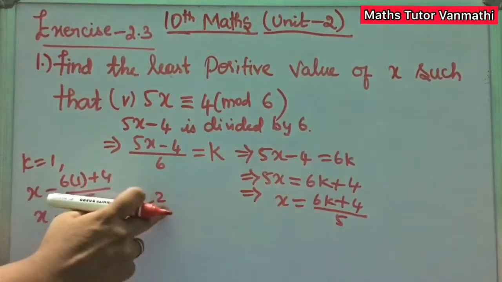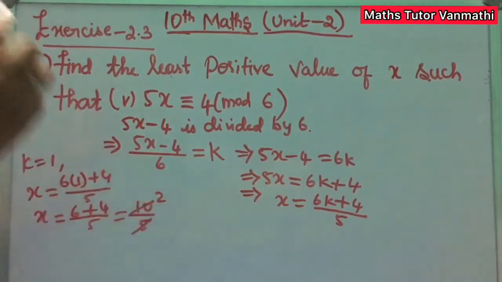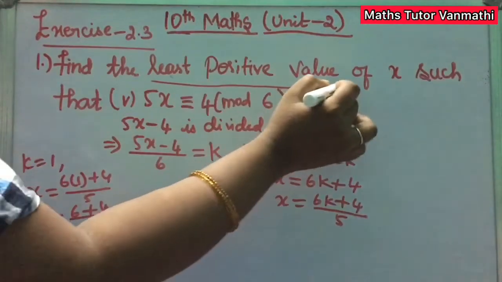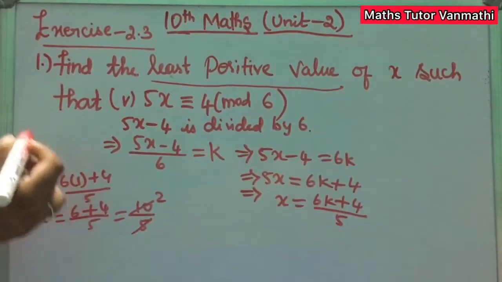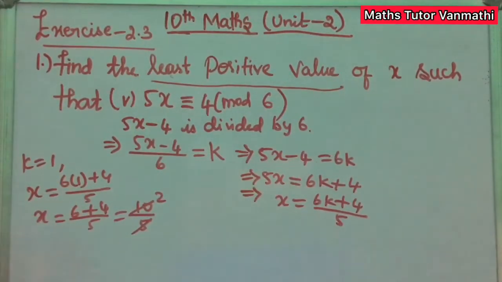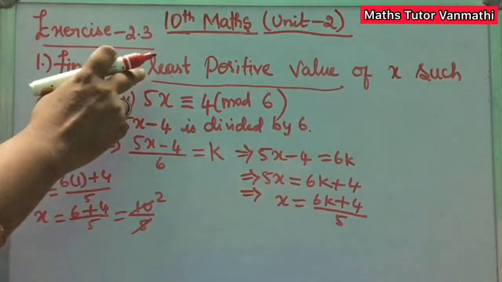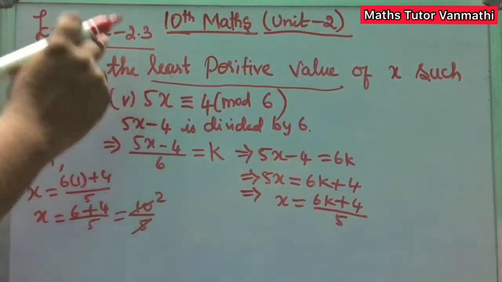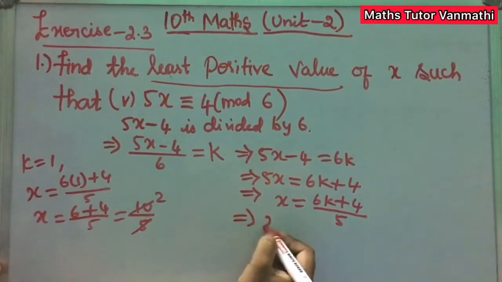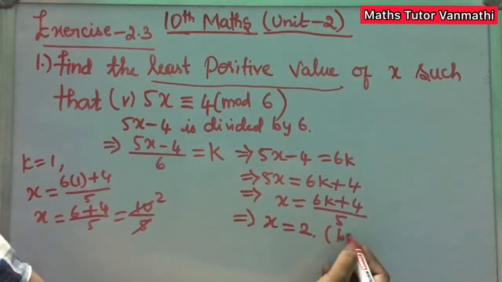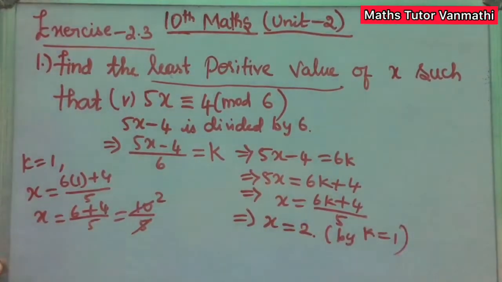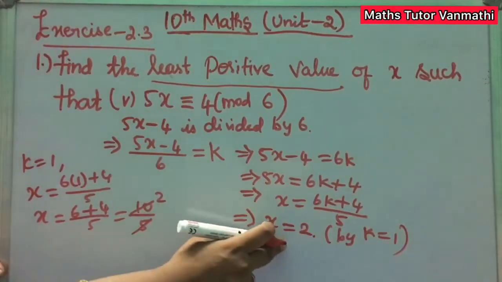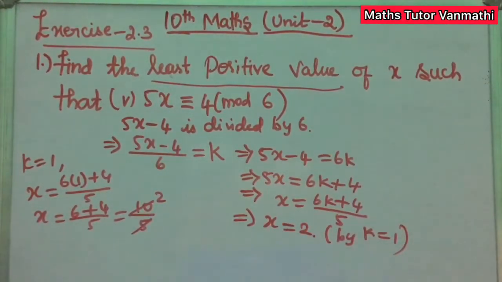So this only will be your least positive value. In your question, what they are asking is the least positive value. You can give k equal to 2, 3, etc., everything you can give, but what is the answer means we have to find the least positive value of x. Therefore x is equal to 2 by substituting k is equal to 1. Therefore x is equal to 2 is the least positive value of x. Clear?